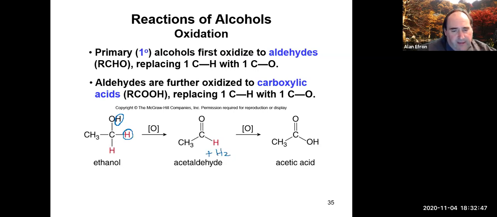And with those two guys gone, we're going to put a double bond between the carbon and the oxygen. And that will make an aldehyde. And that has the functional group that looks like this: carbon oxygen double bond with the hydrogen. So our primary alcohol, when you oxidize it, makes an aldehyde.